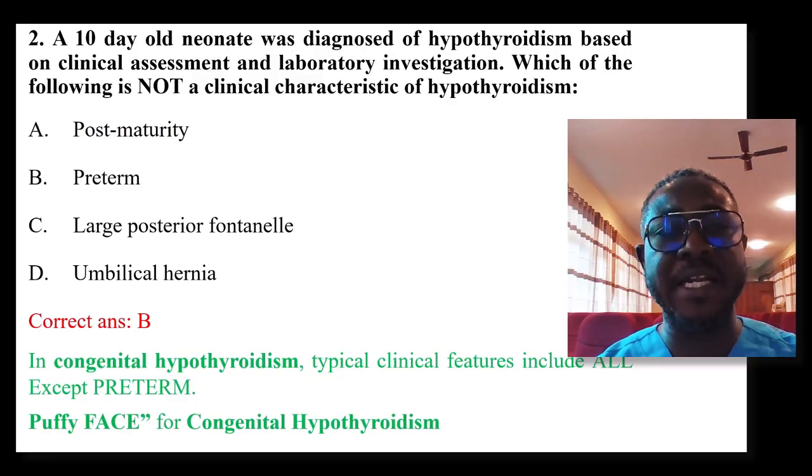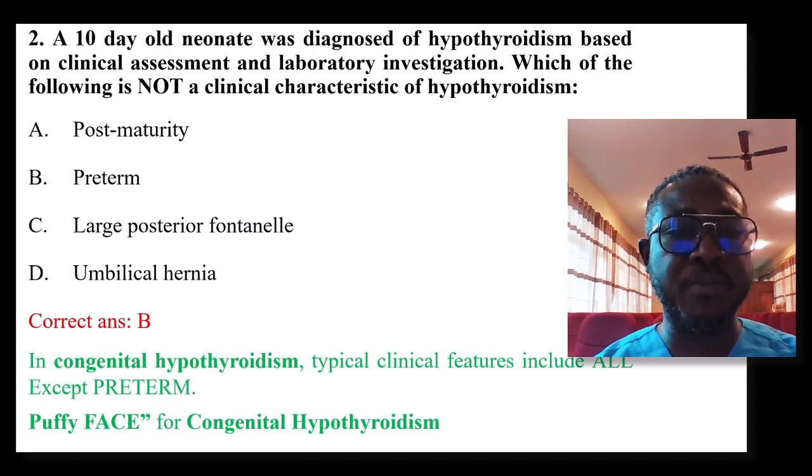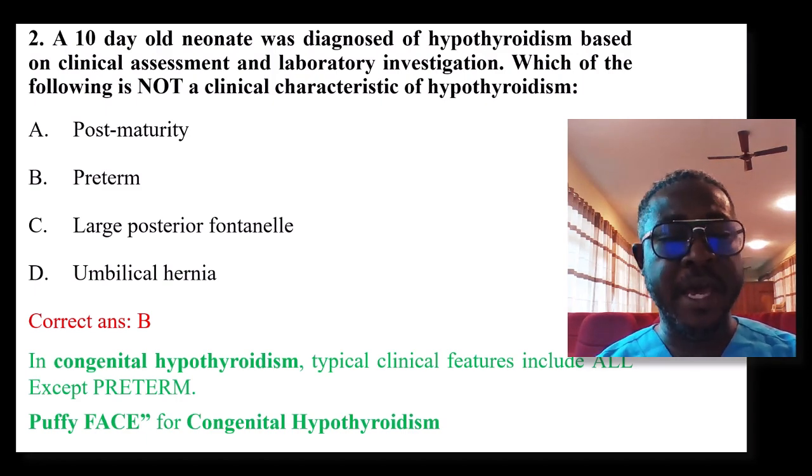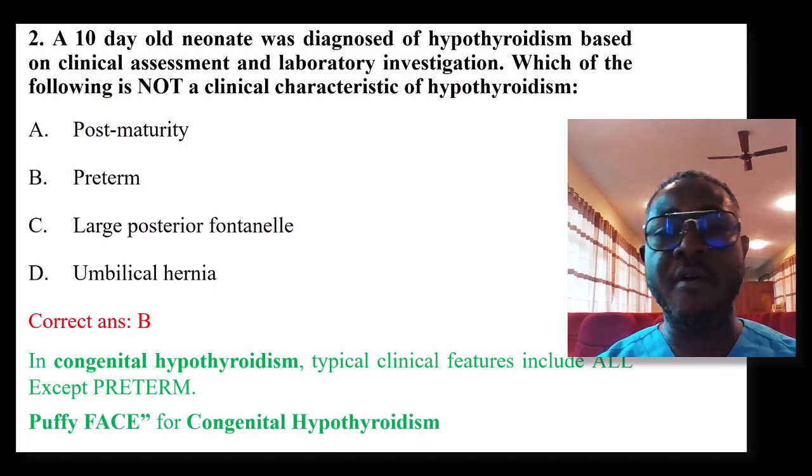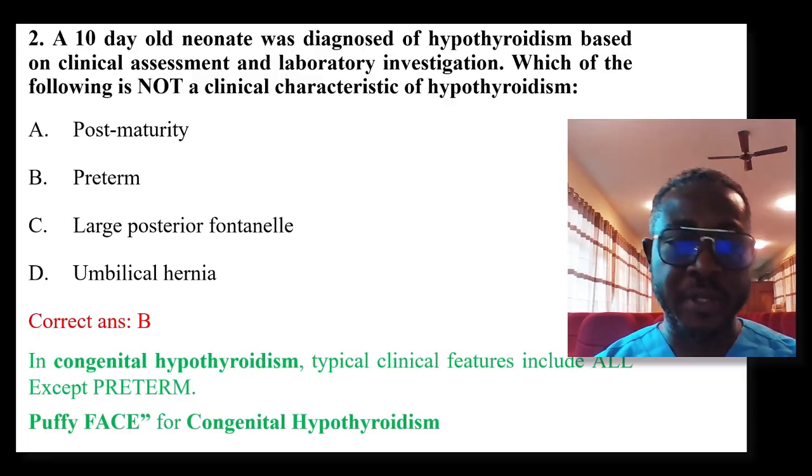So their clinical features are post-maturity, large posterior fontanelle, and then umbilical hernia. And I've given you a mnemonic over here: Puffy face. The puffy just says that the baby is going to look puffy, edematous or myxedematous. The F stands for fontanelle; we are looking at a large posterior fontanelle.